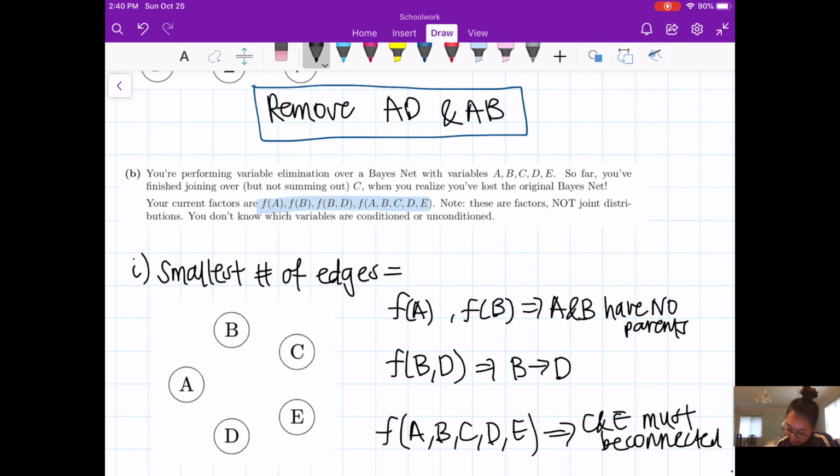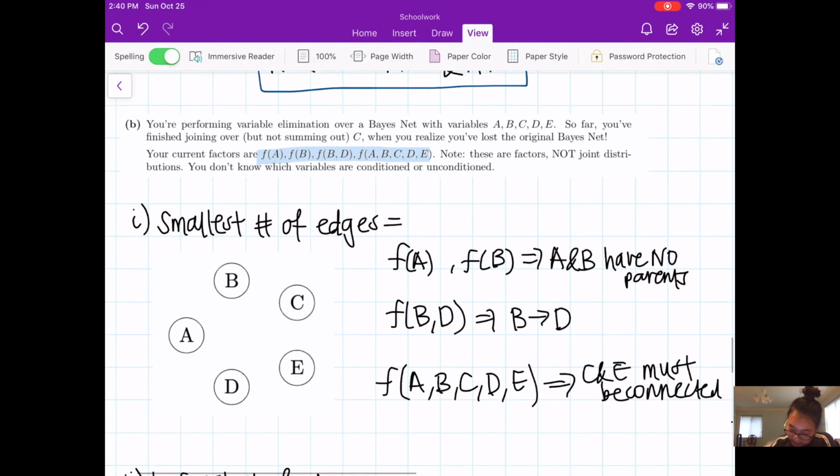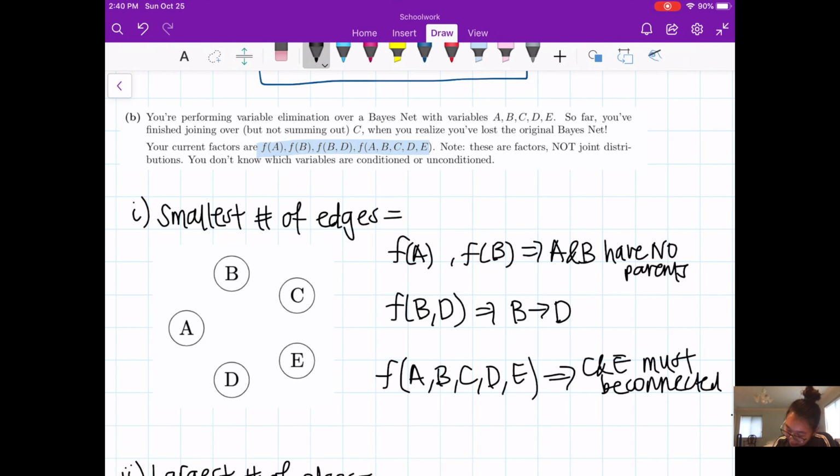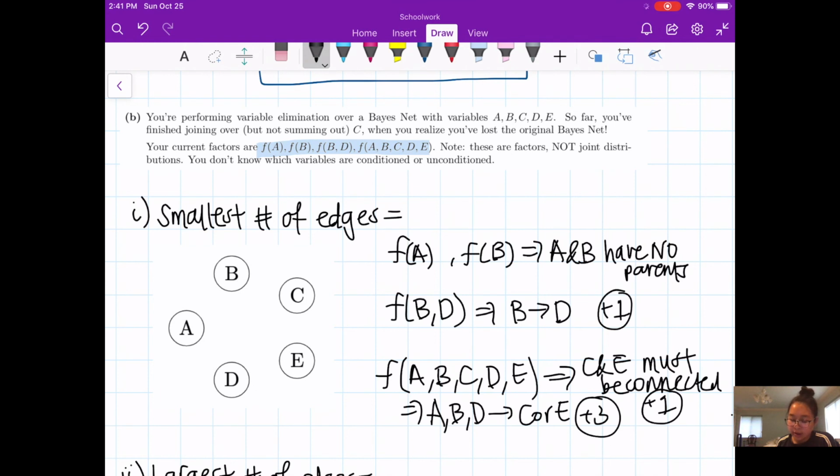Cool. So then if we add up the minimum number of edges, here these have no edges, and this will be +1, and then +1 for C and E must be connected, and then A, B, D have to go to C or E, and this will be +3. So that means in total, the minimum number of edges has to be at least 5. And we can draw it out on this graph to visualize it.